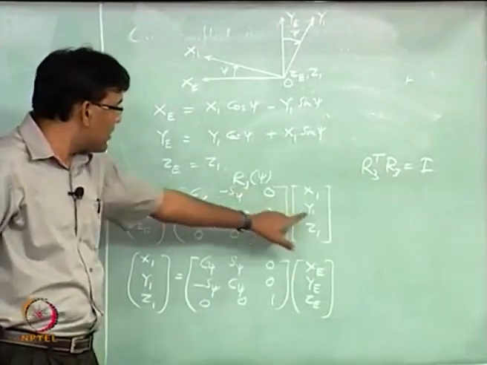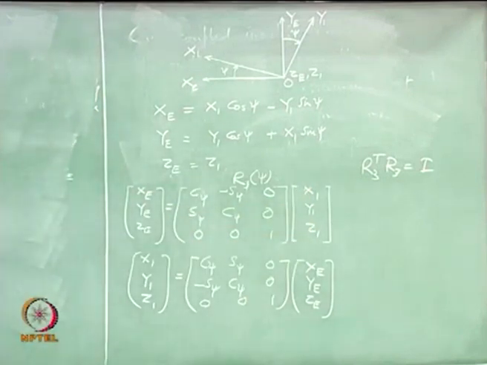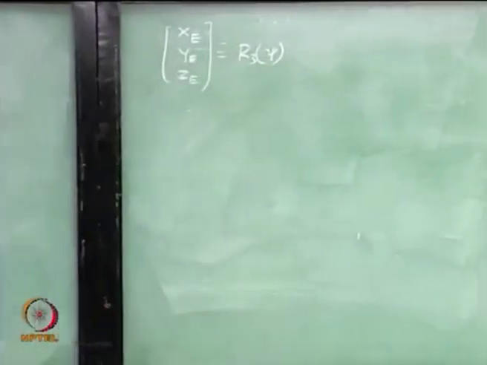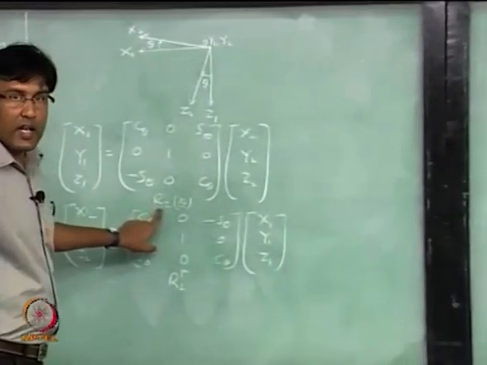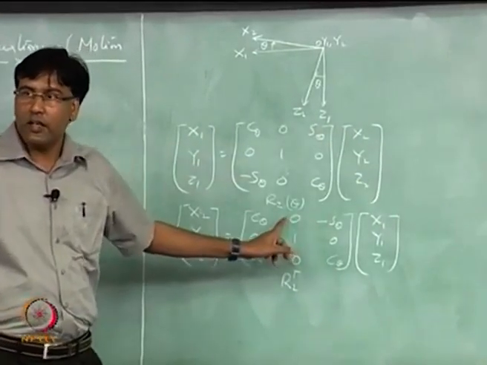This into x1 y1 z1, that is R2 into x2 y2 z2, right.